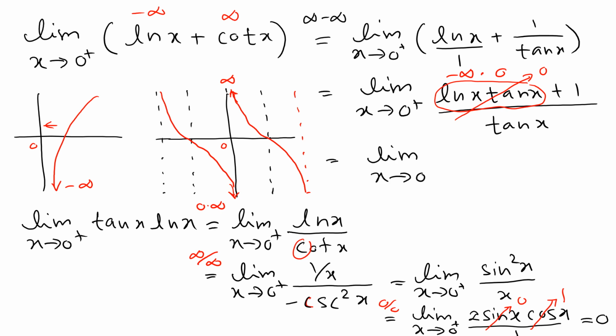The top goes to 1 and the bottom goes to tan. You can leave it like that or convert to cotangent. Even arguing with tangent, when x goes to 0, tan goes to positive 0, so this goes to positive infinity. Again, the answer to this problem is also positive infinity.